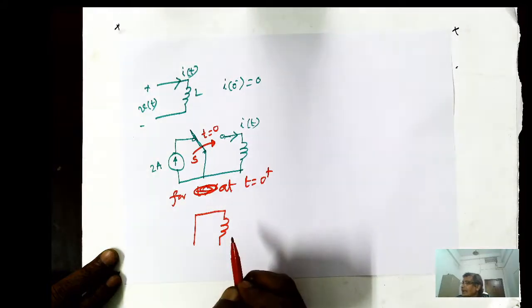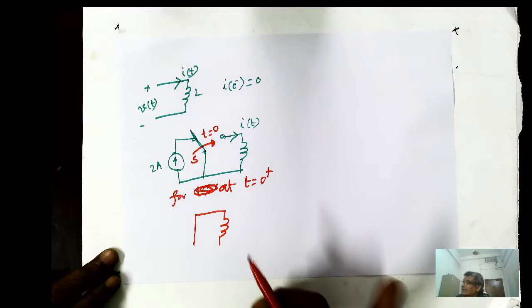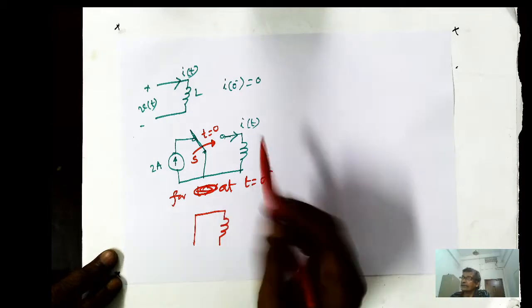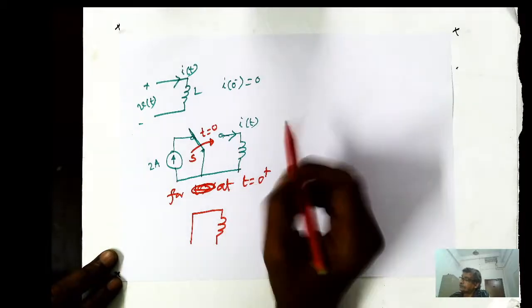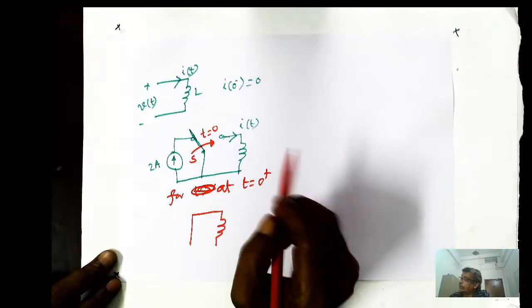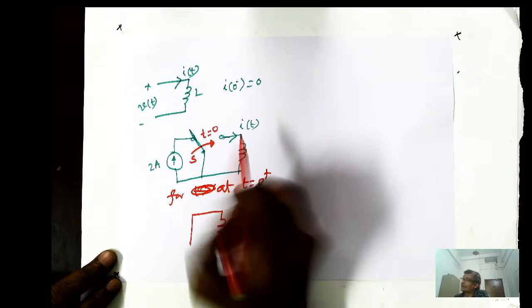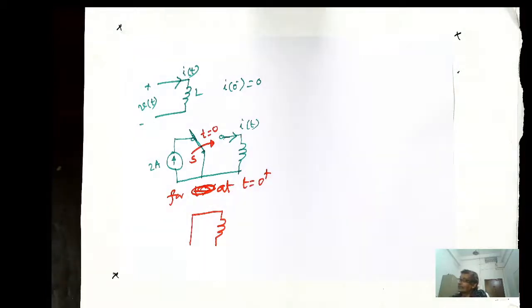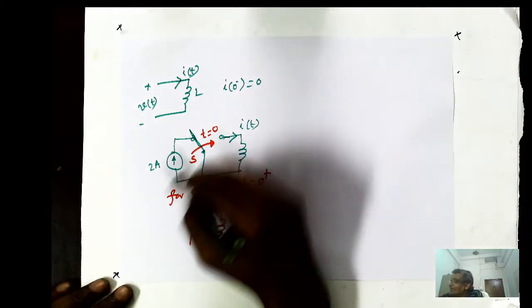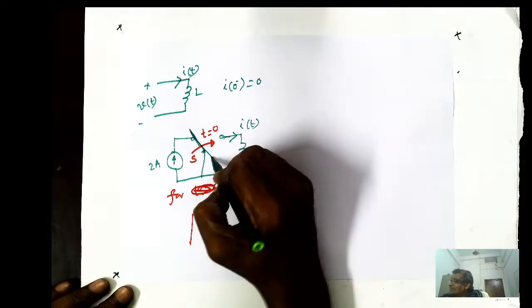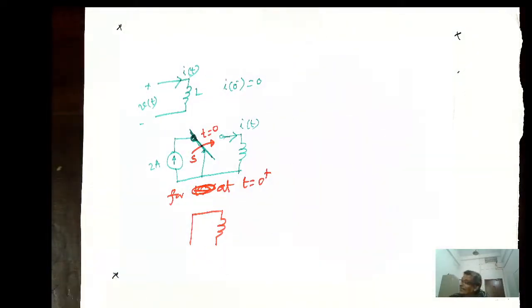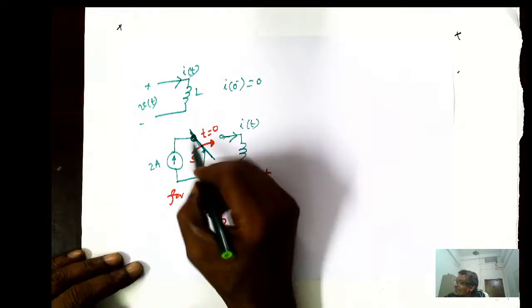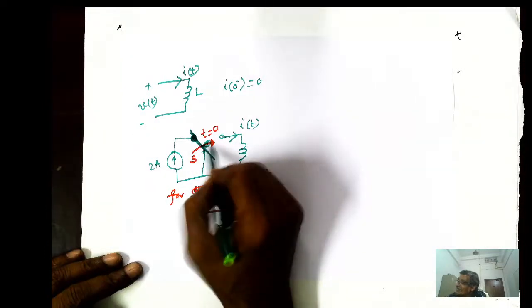Oh no, I have drawn wrong. You see, this is what I did not mean. What I am telling is, actually this switch should be drawn like this. Then you understand. Sorry. This was the switch. Please see, making mistakes you learn. Anyway, this is the switch, isn't it?